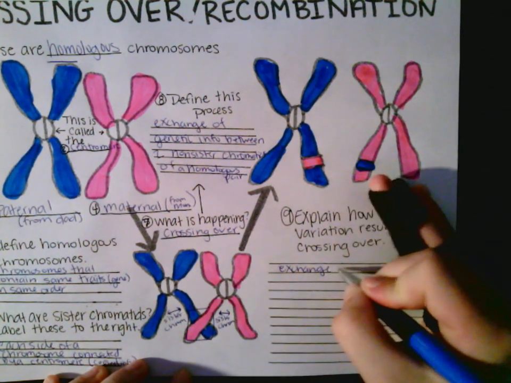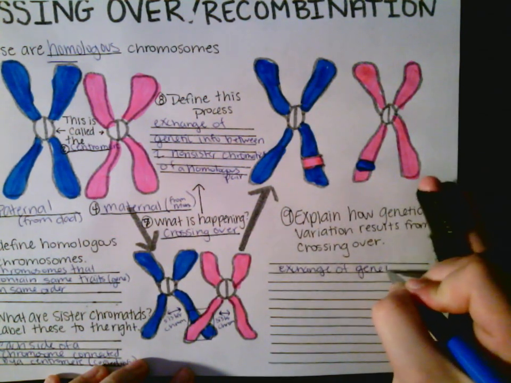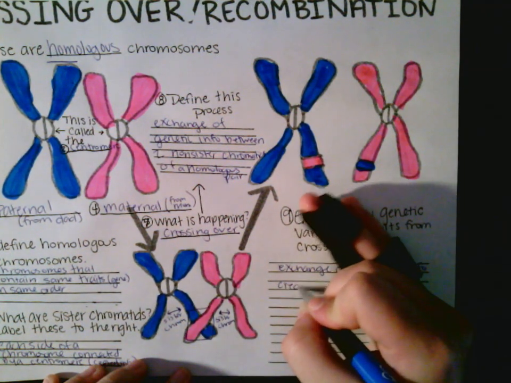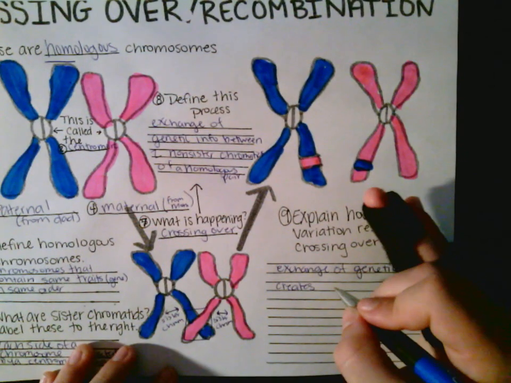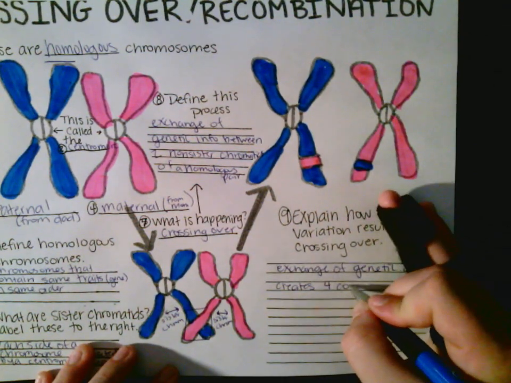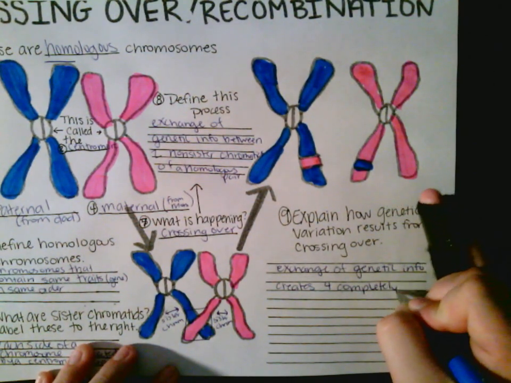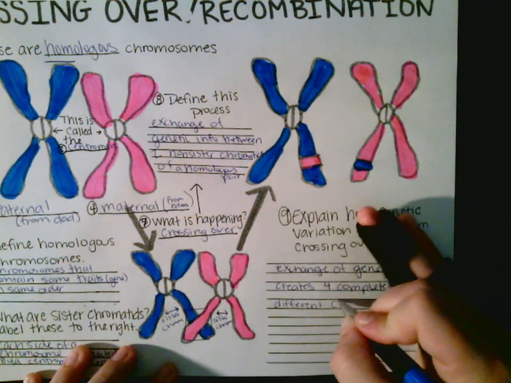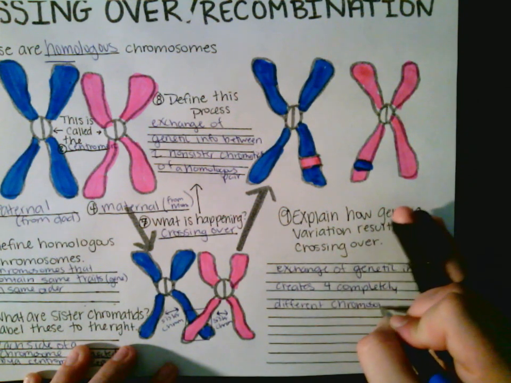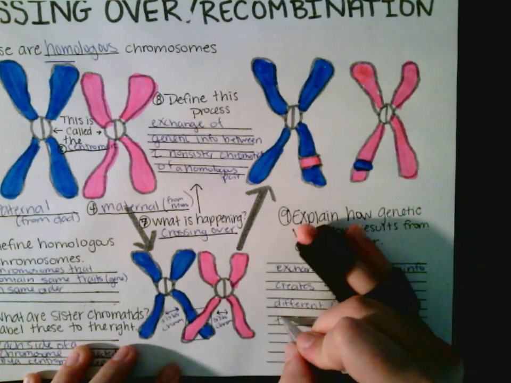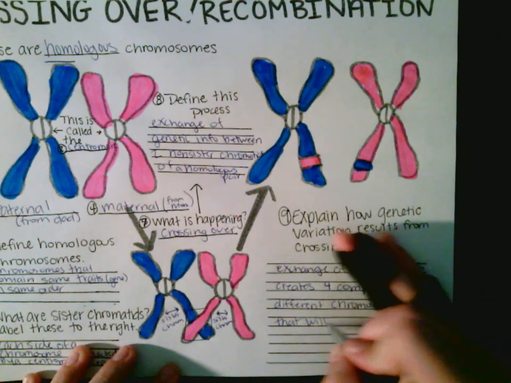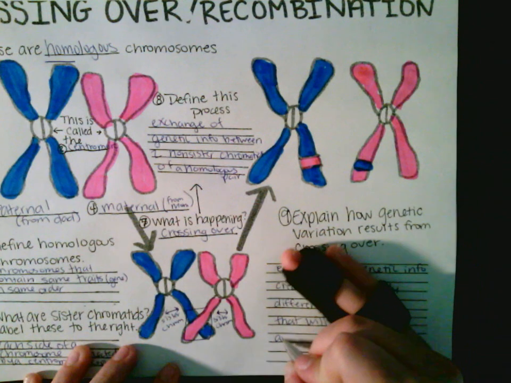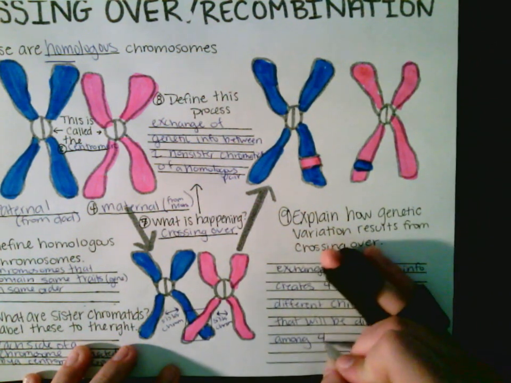So exchange of genetic info creates 4 completely different chromosomes that will be divided among 4 daughter cells.